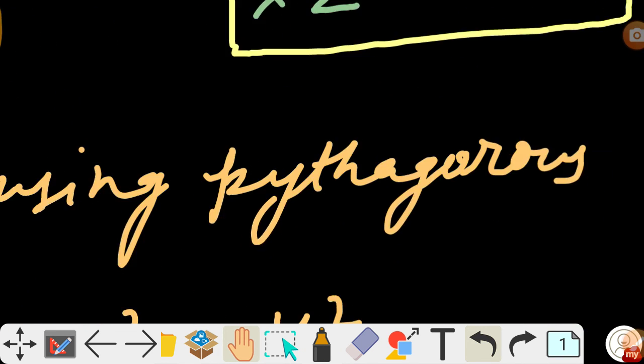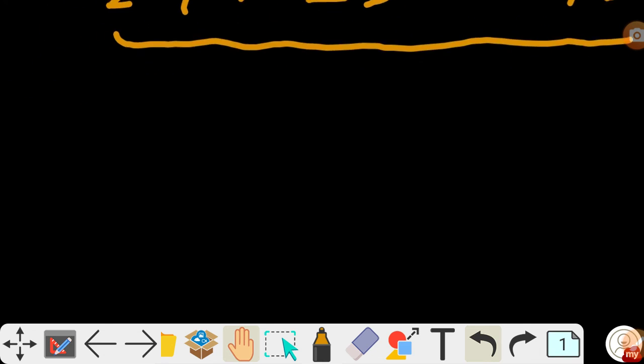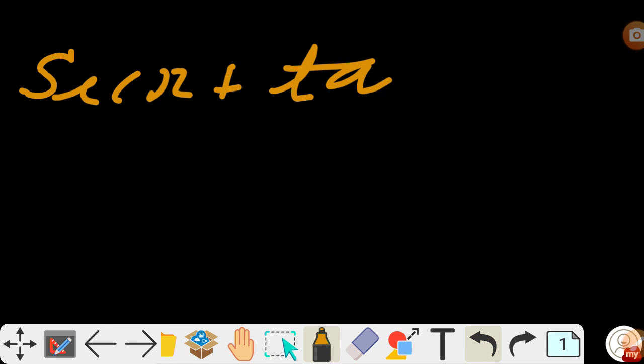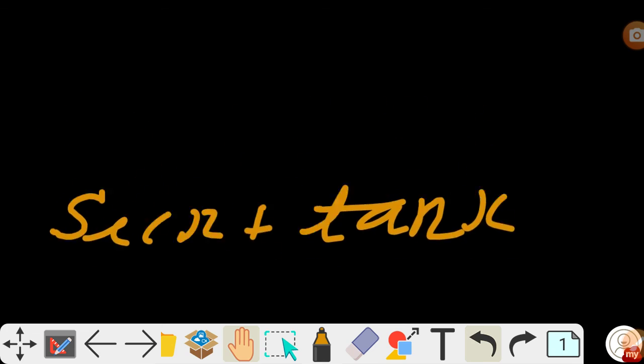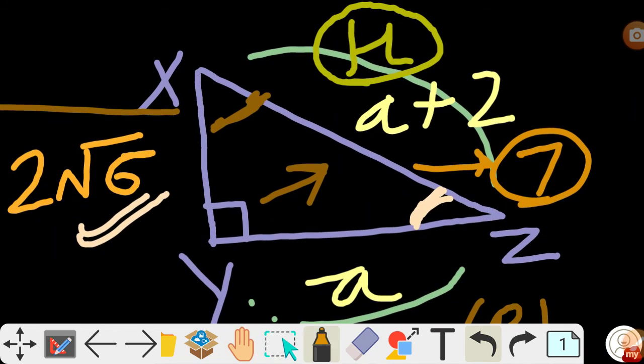So now let's proceed further to calculate the value of sec x plus tan x. In this case, I will tell you earlier, sec x, tan x. Here we consider the angle x. Here we consider this angle.